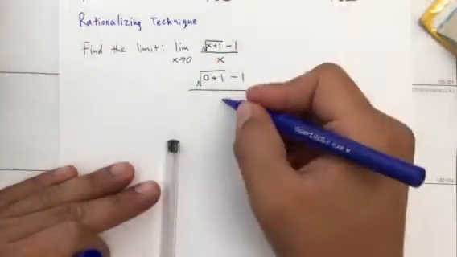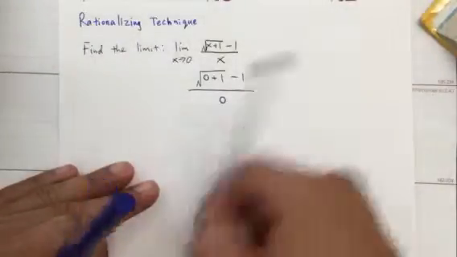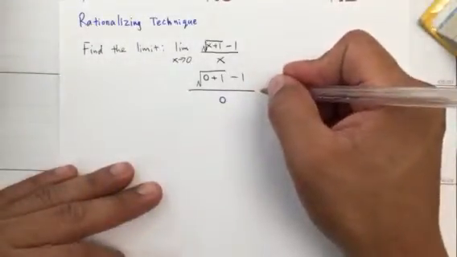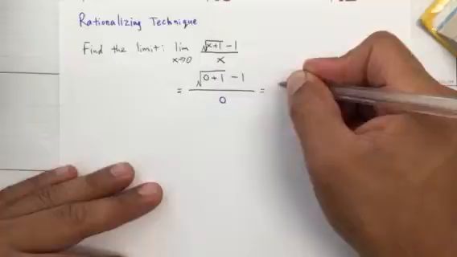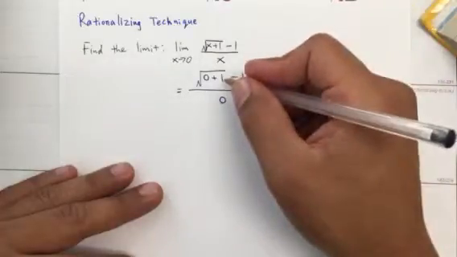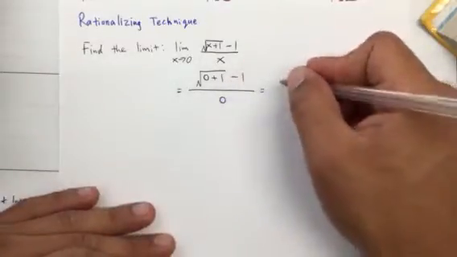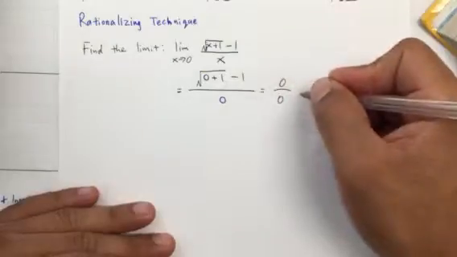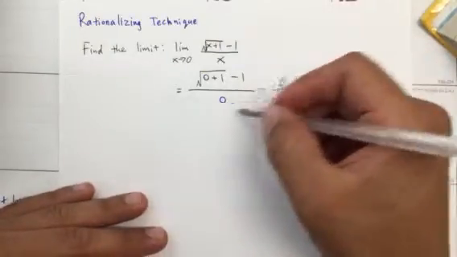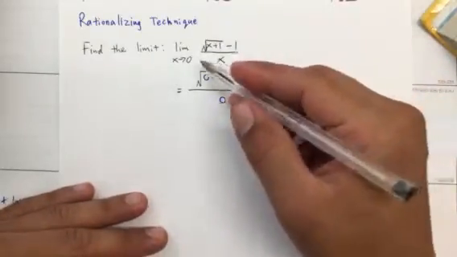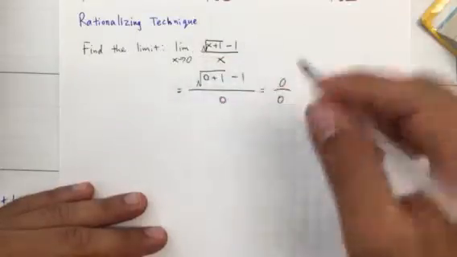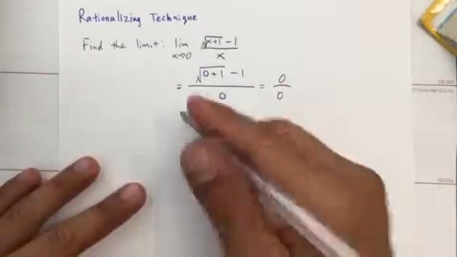We get the square root of 1, which is 1, minus 1, which is 0. We get 0 over 0, so direct substitution doesn't work. We're going to use this technique to help us find the limit.